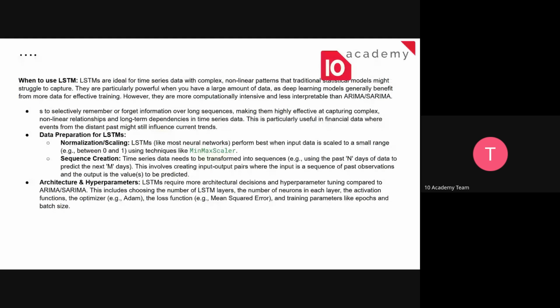LSTM can selectively remember or forget information over long sequences, making it highly effective at capturing complex nonlinear relationships and long-term dependencies in time series data, as we have mentioned earlier. This is particularly useful in financial data, where events from the distant past are going to be important.